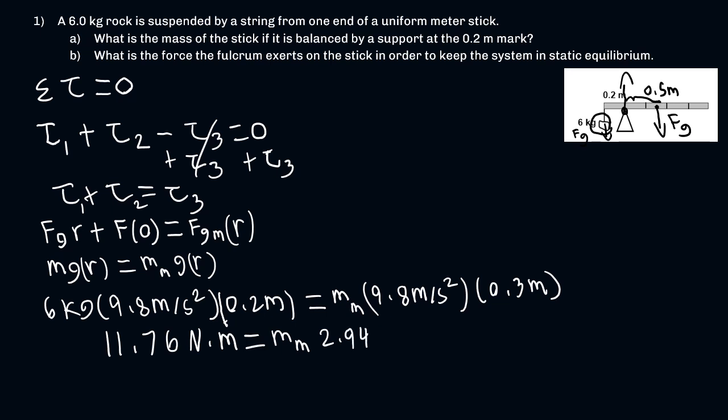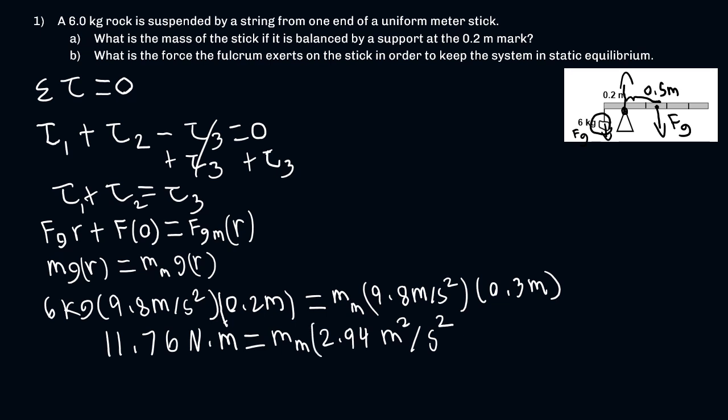And the units here should end up being meters squared per second squared. All right, so when we do all this now, the only thing I'm going to have left to do is get my mass of the meter stick by itself.